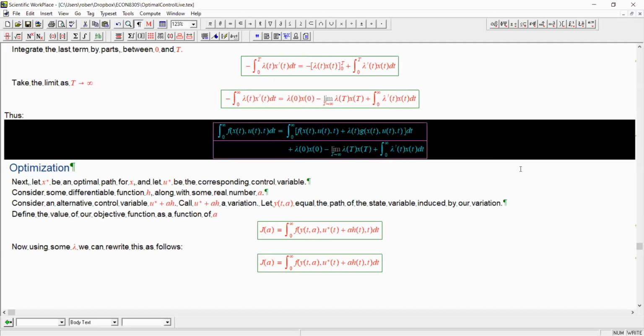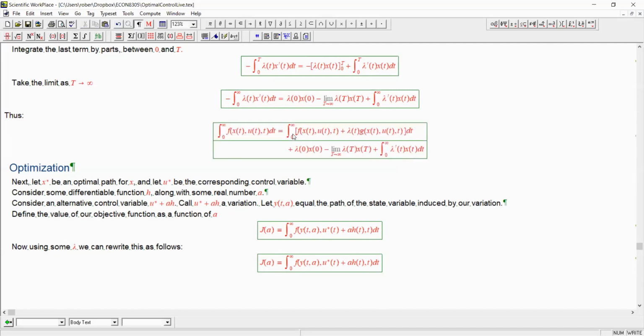So how would we do that? Well, this first part we already have. This is the part that we're missing. So first of all, let's add some parentheses.